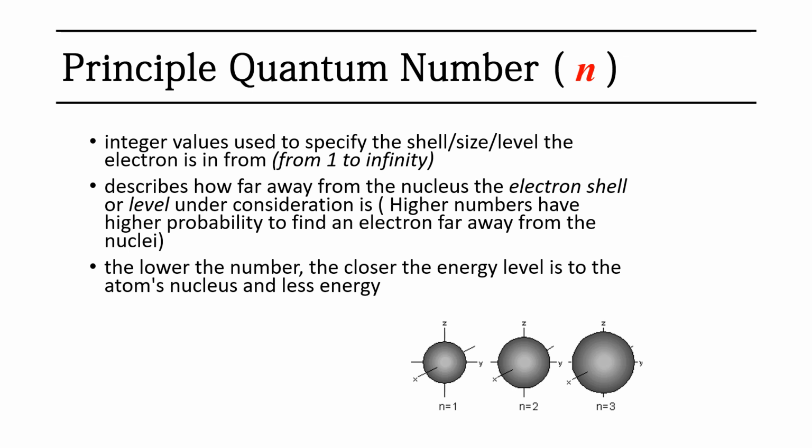For example, n equals 1 is very near to the nucleus, and n equals 3 is far away from the nucleus.